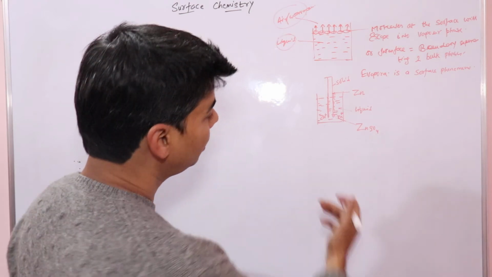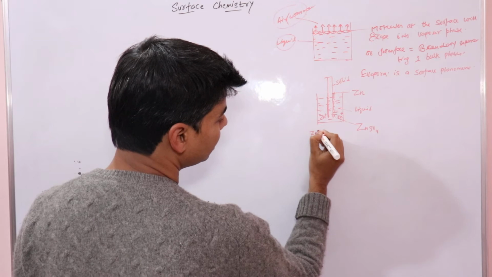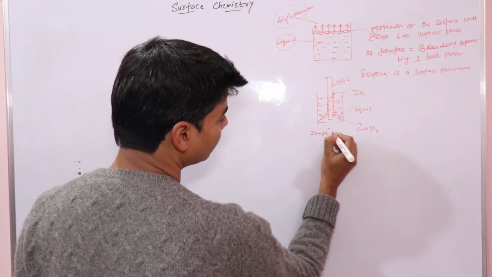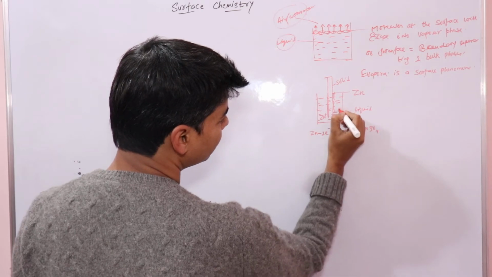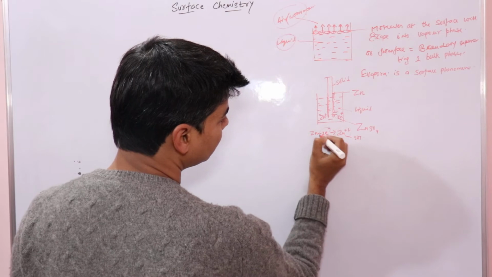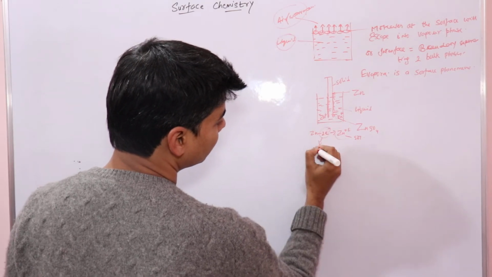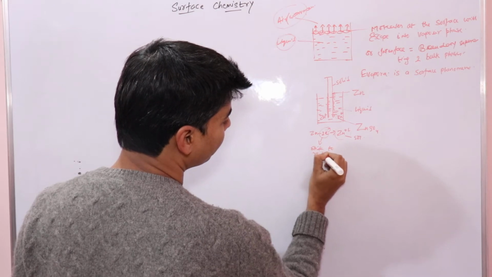If you remember, we studied that zinc will lose electrons and form zinc ions. These zinc ions will enter into the solution, and these electrons will stick to the rod.